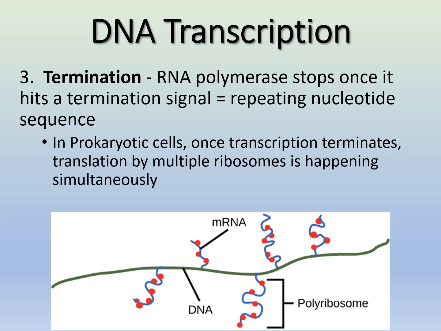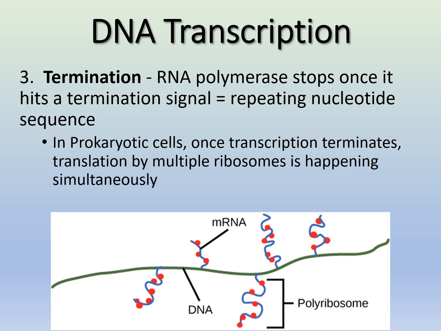The picture shows you just a strand of DNA, which is the green, and then the mRNA is going to be in blue. So we've created a little mRNA strand off of that DNA template, and then the little red dots are ribosomes. So we just say it's a polyribosome because there's multiple ribosomes all sticking on that mRNA and translating it at the same time.